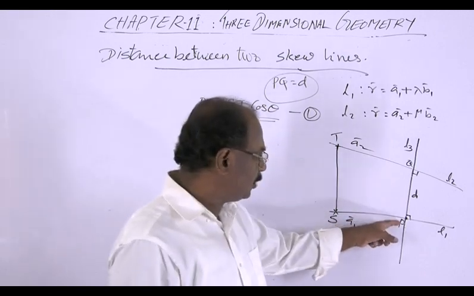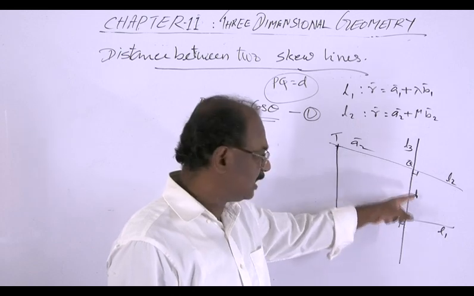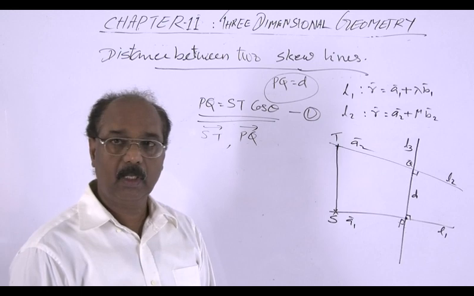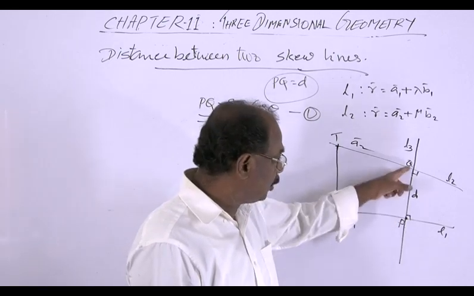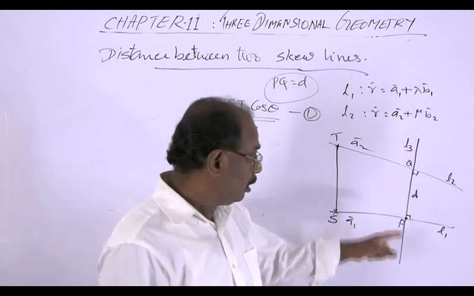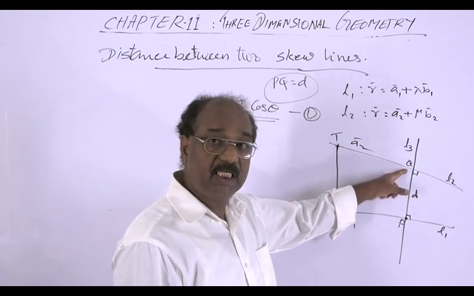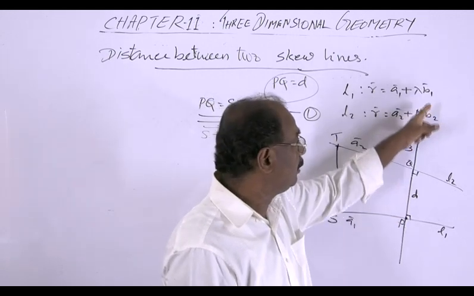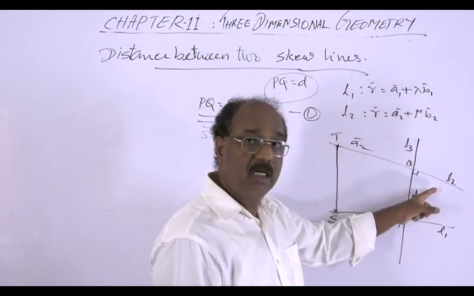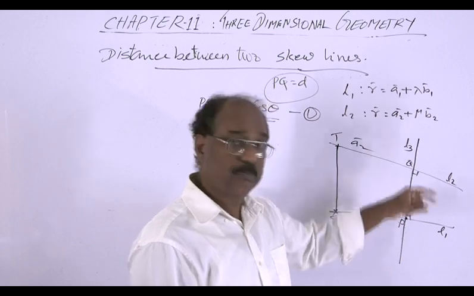PQ has magnitude PQ, distance that is d, and direction from P to Q. And since PQ is perpendicular to both L1 and L2, PQ is perpendicular to B1 and B2 also, because the vectors B1 and B2 are parallel to L1 and L2.